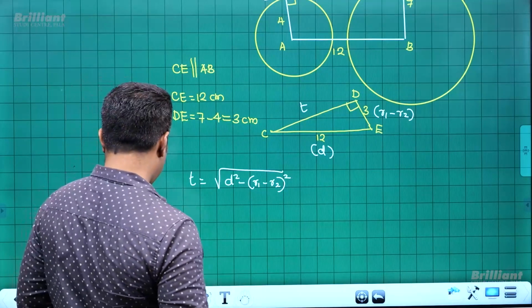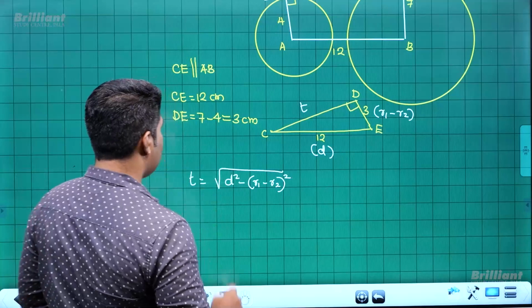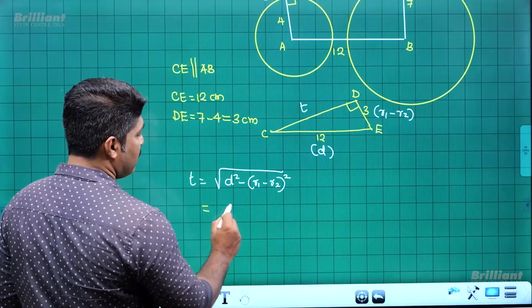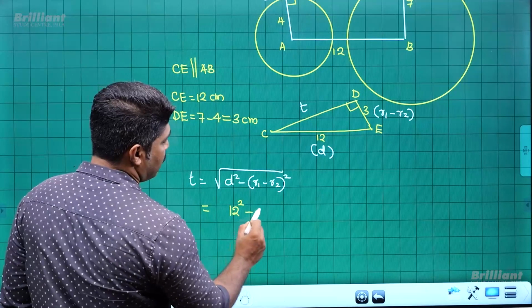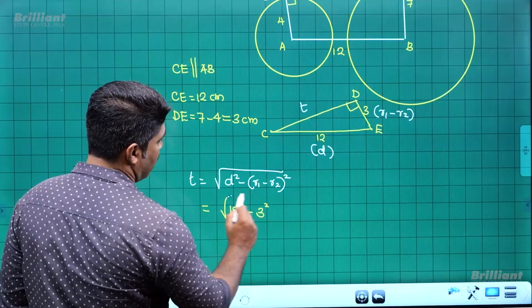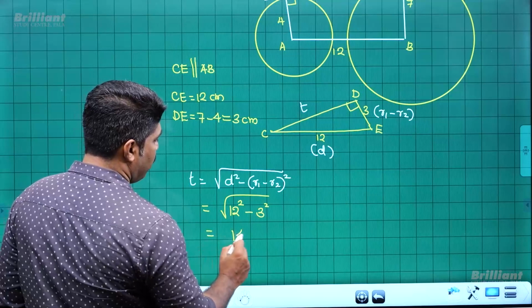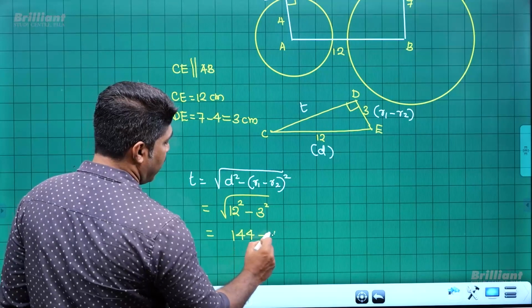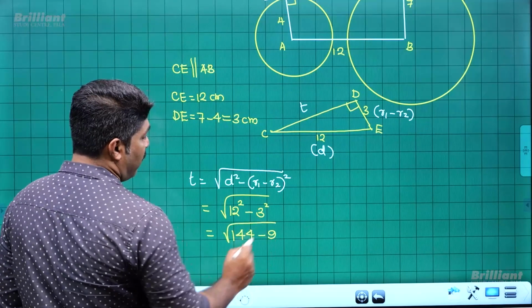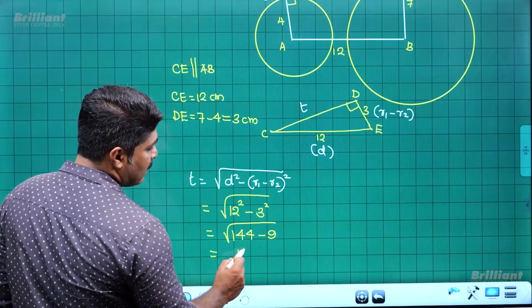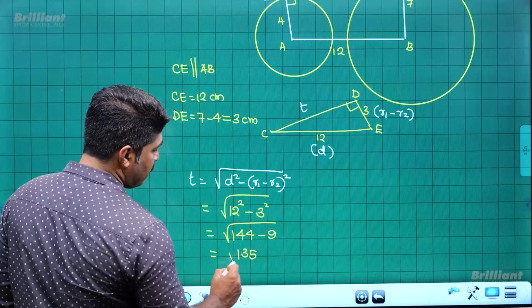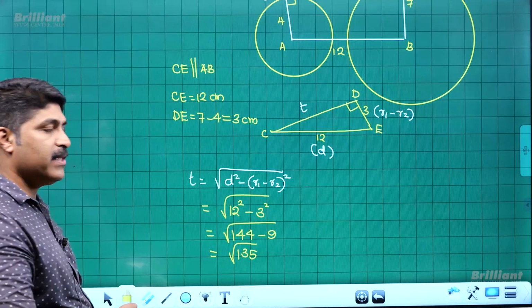In this question, the tangent's length is 12 square minus 3 square. So this is equal to 144 minus 9. What is 144 minus 9? That's equal to 135.